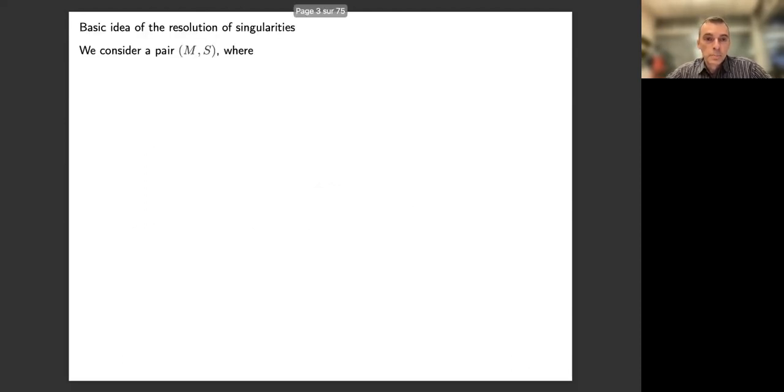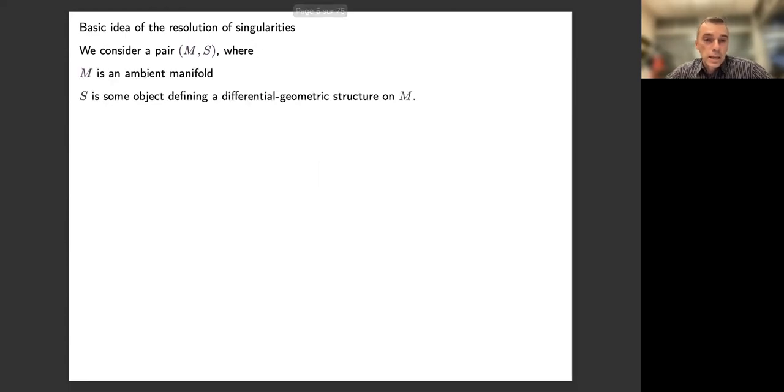manifold. Let me say in a very general sense, the basic idea is that you have some pair given by a manifold, and I call S some object which is defined on this manifold, attached to some differential geometric structure on M. We would like to understand this pair given by the manifold and this additional structure defined on it.